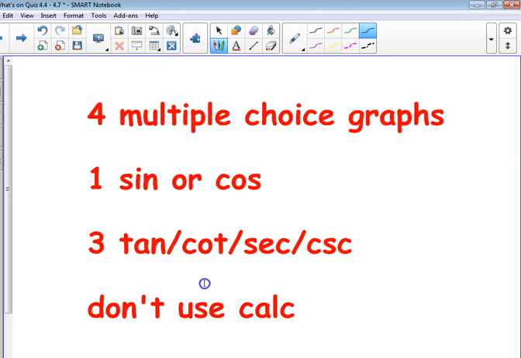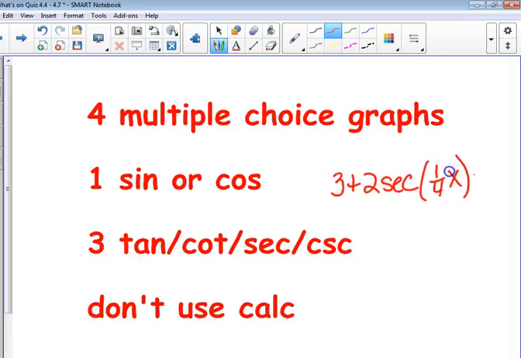And honestly, typing in some of these, like 3 plus 2 secant of 1/4 x, I'll leave it like that. Some of you will not type that in correctly, right? So then you might pick the wrong thing or have a mess. It's actually probably easier to just graph some of these and pick the right one.